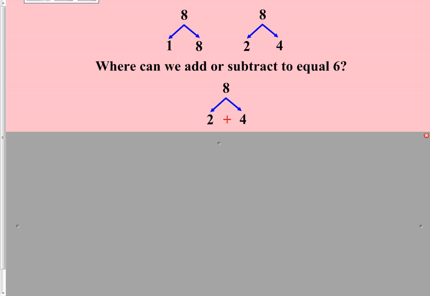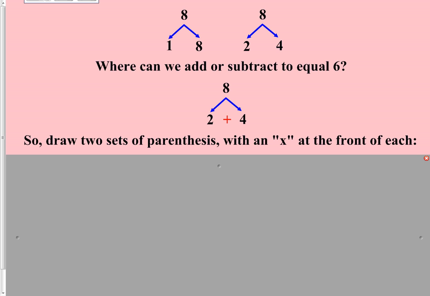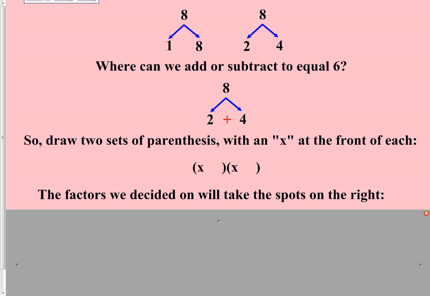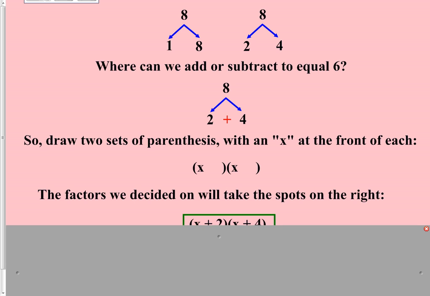Okay, so after you identify what your factors are going to be, here's how you structure it. You're going to draw two sets of parentheses back to back. It's going to be a little multiplication problem. And you're going to place an X at the front edge of each of the parentheses, just like I'm doing there. And the factors that you arrived at, including their signs, will take up those spots on the right side of the parentheses.